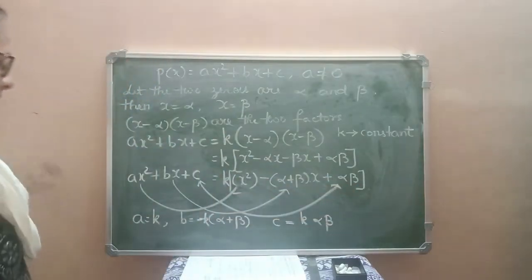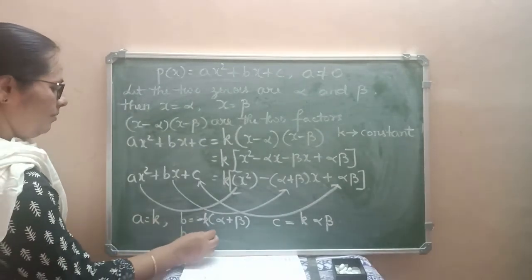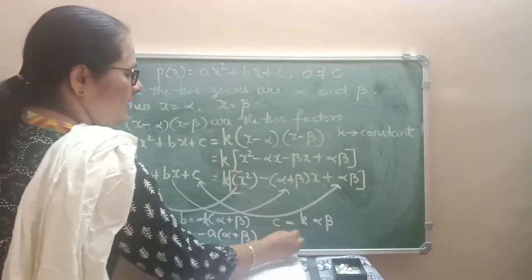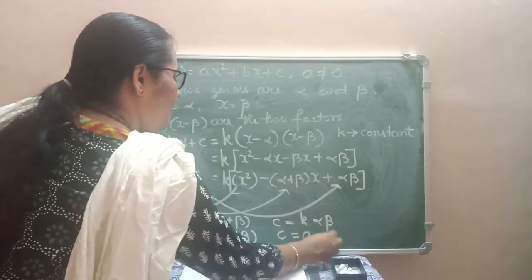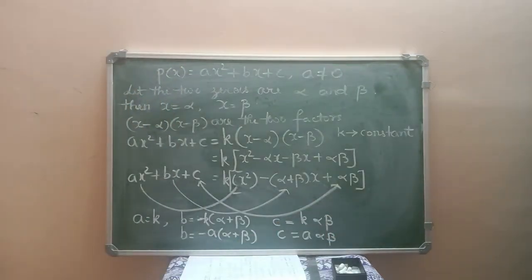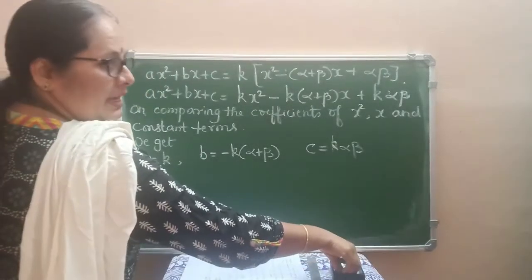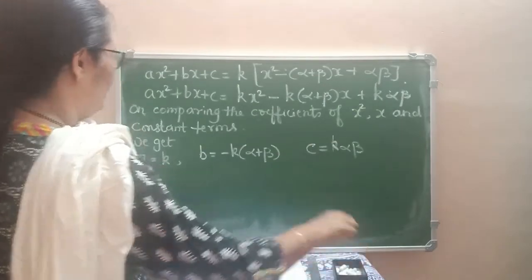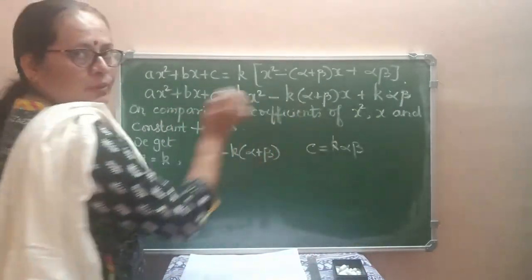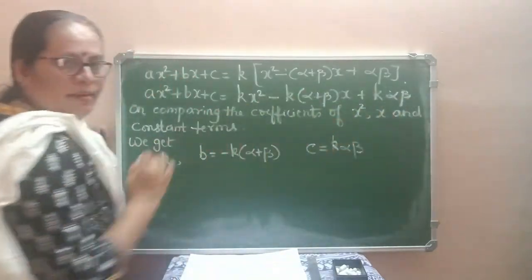It means that when a equals to k, then b equals to minus a into alpha plus beta, and c equals to a alpha beta.